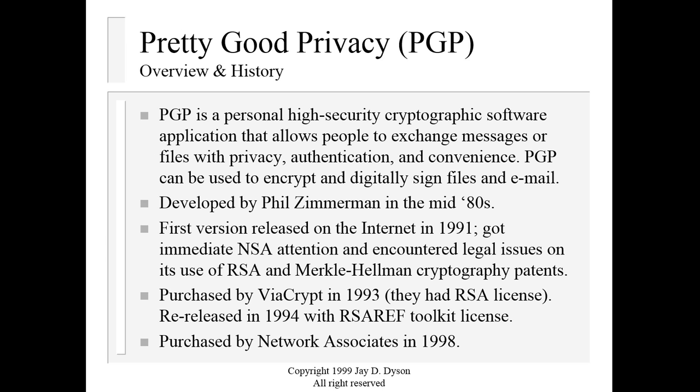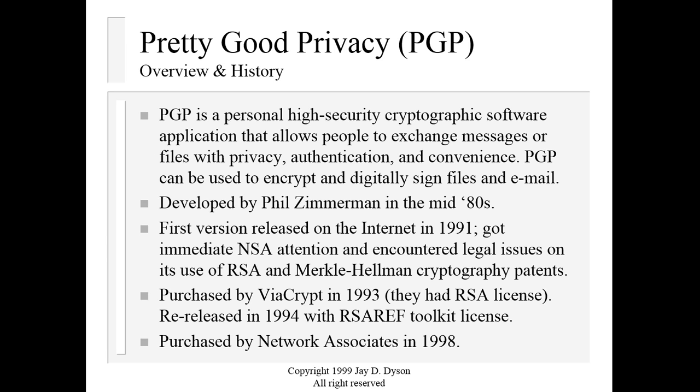It was developed in the mid 1980s by Phil Zimmerman, who released his first initial PGP on the internet in 1991 and got NSA's attention really quick. And he also encountered patent issues with the RSA and the Merkle-Hellman cryptography patents.